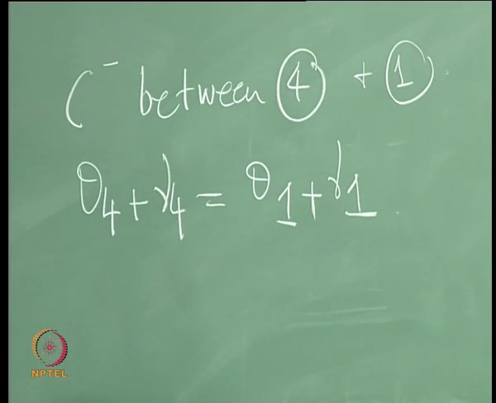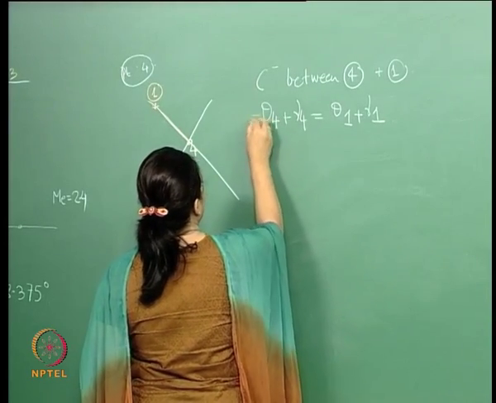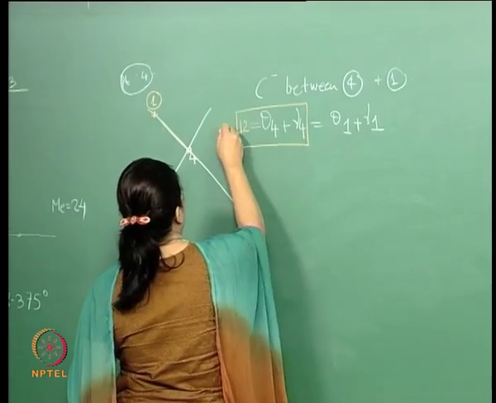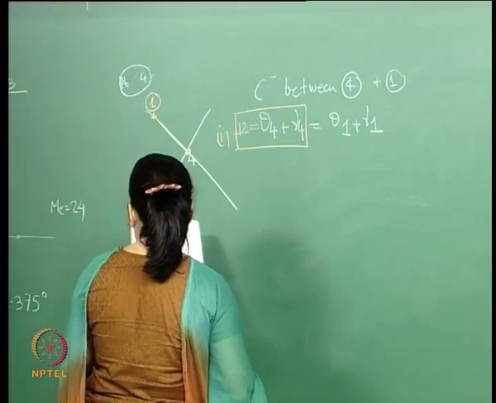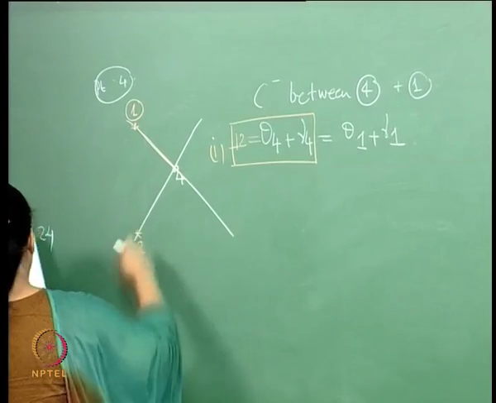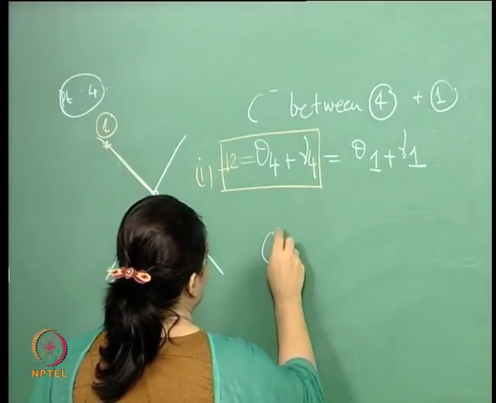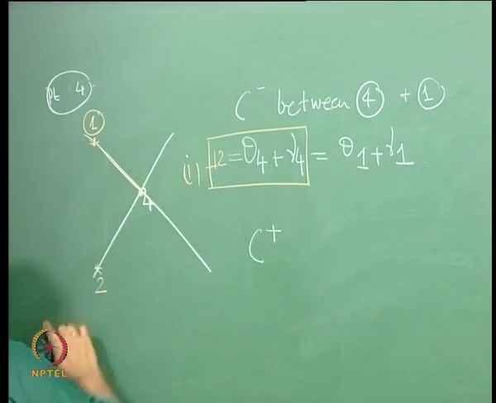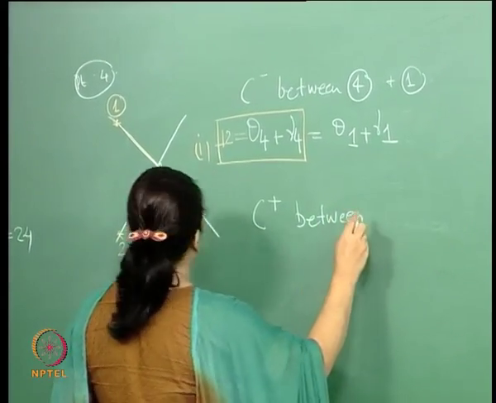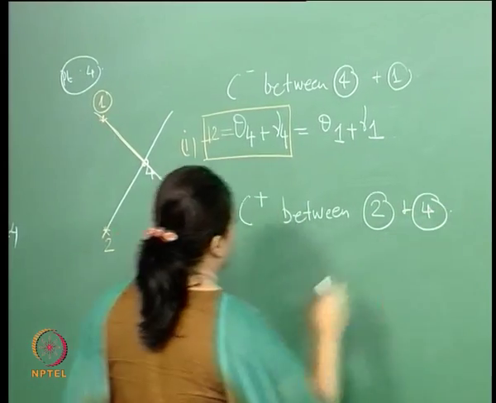So this is equal to 12. Let's again take 2 and 4. So it is C plus. Now we are going to look at the right running characteristic C plus between 4 and 2 basically.